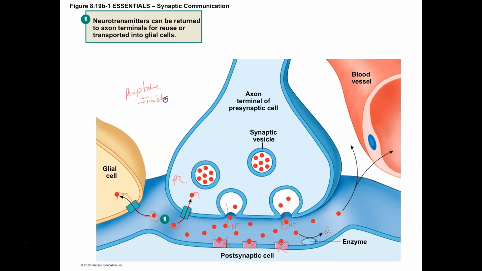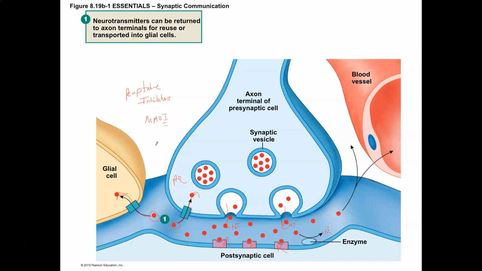So you may be familiar with something like MAOI, a monoamine oxidase. An MAOI is essentially a monoamine oxidase inhibitor. Monoamine oxidase is really a degradation type enzyme.